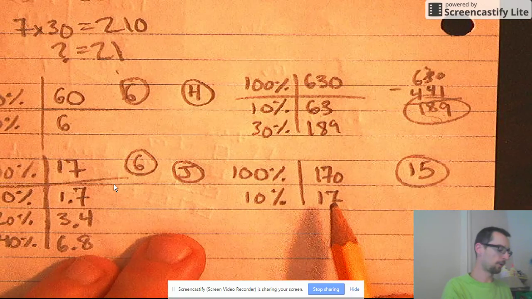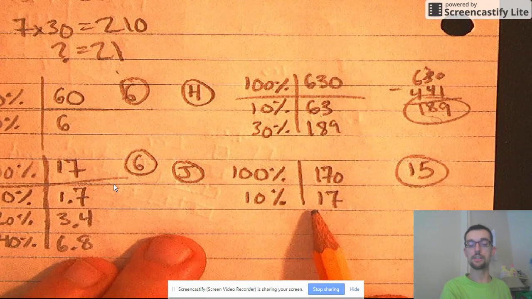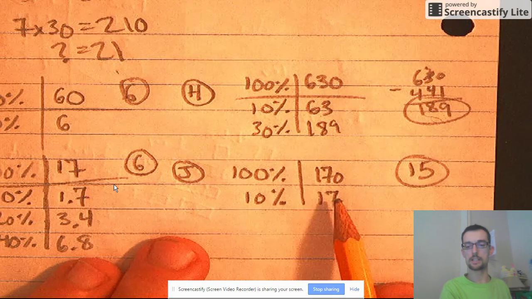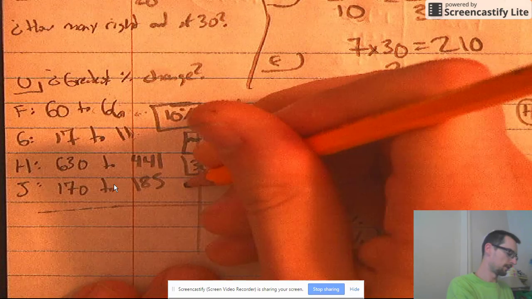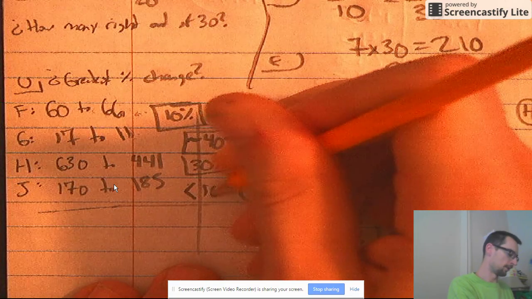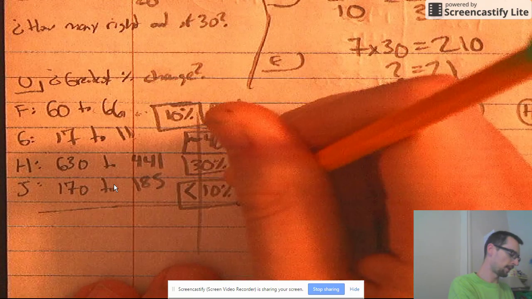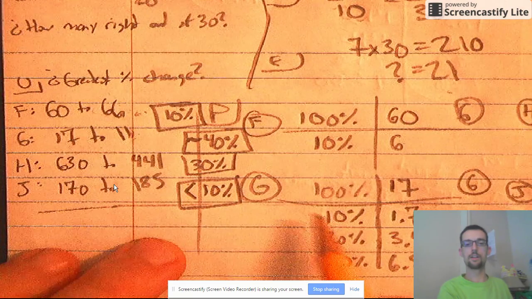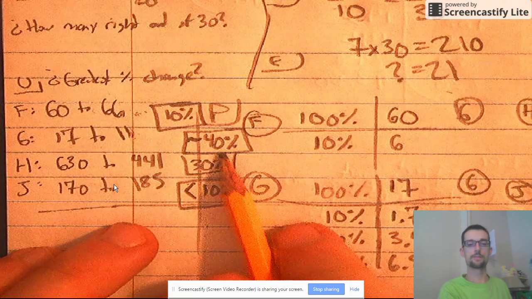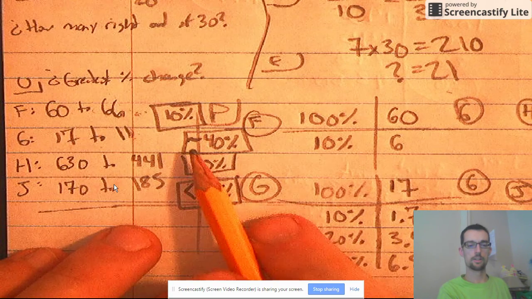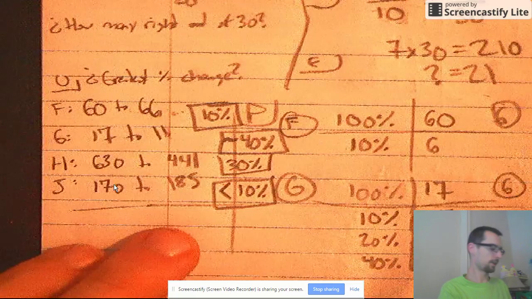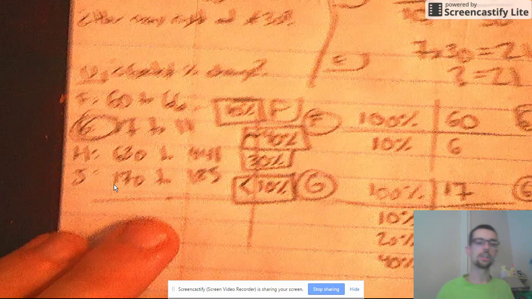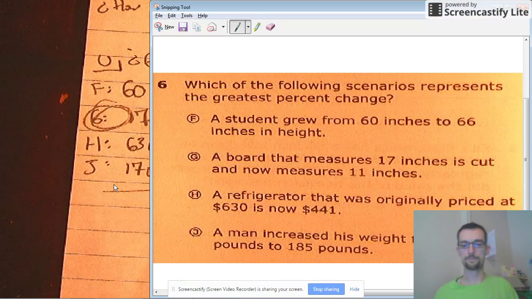And I've already gone past my magic number, so he didn't even gain 10% of his weight. He gained less than 10%. So I'm going to put that it's less than 10%. Okay, so now I have enough information. I could tell you exactly what my order is. G's the biggest, and then H, and then F, and then J. But my correct answer choice would be G. That is the largest one.